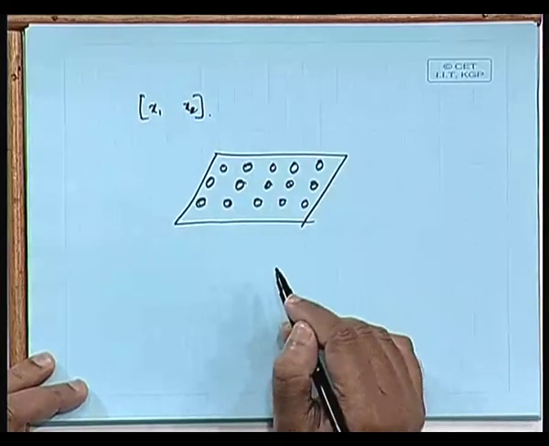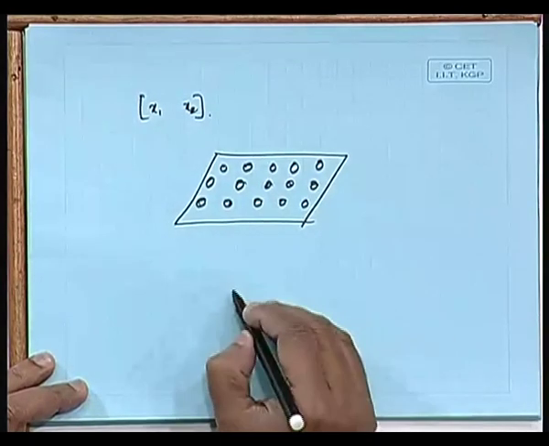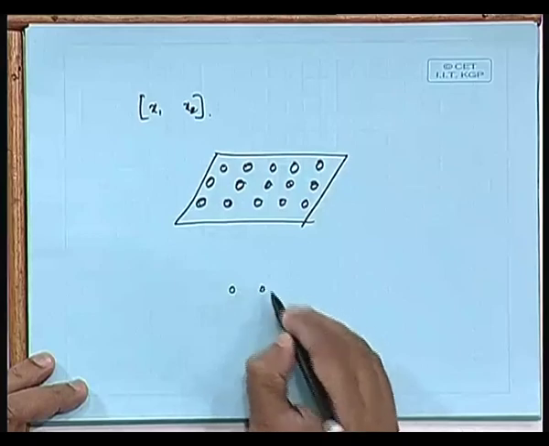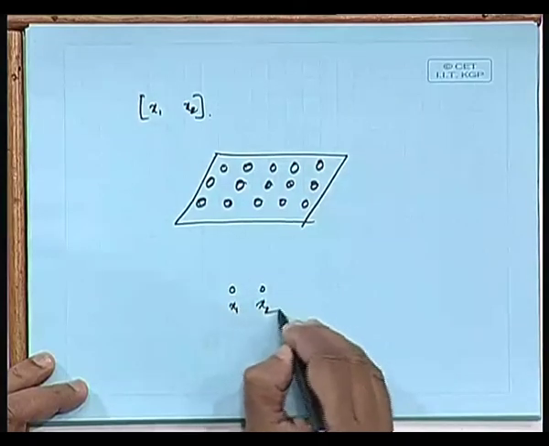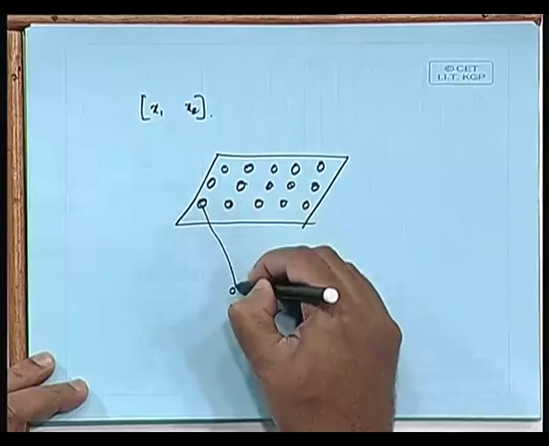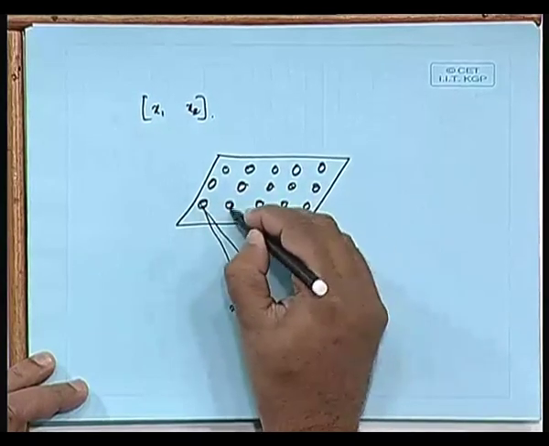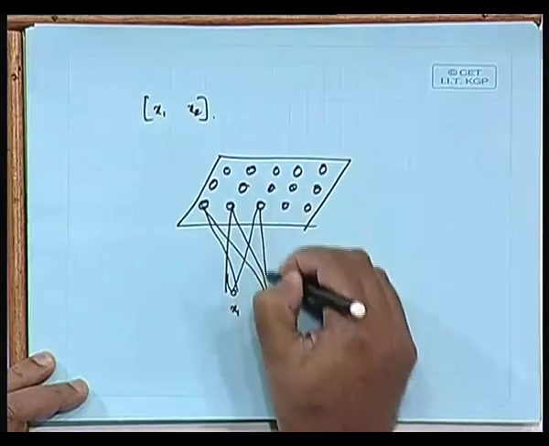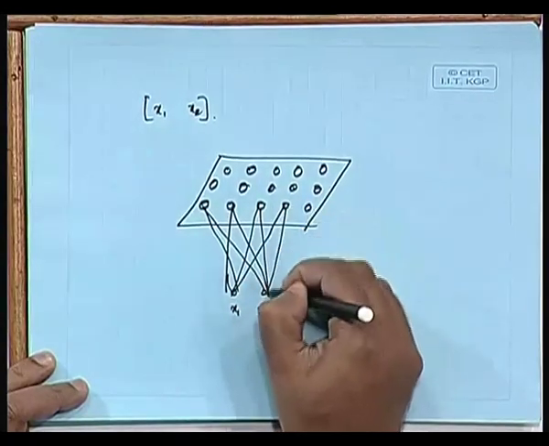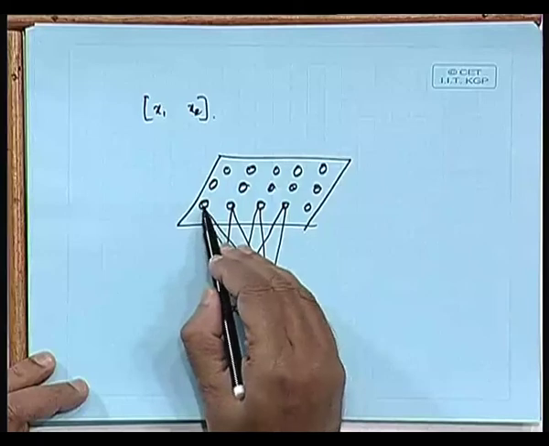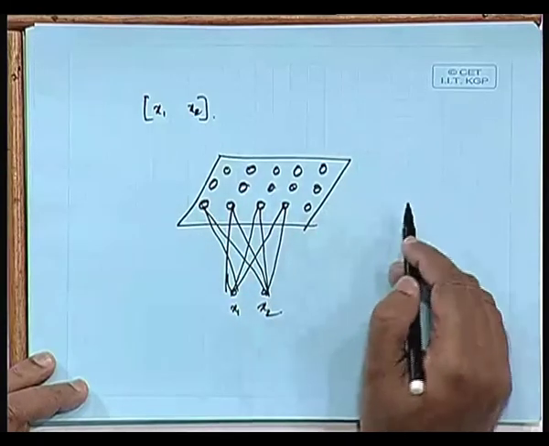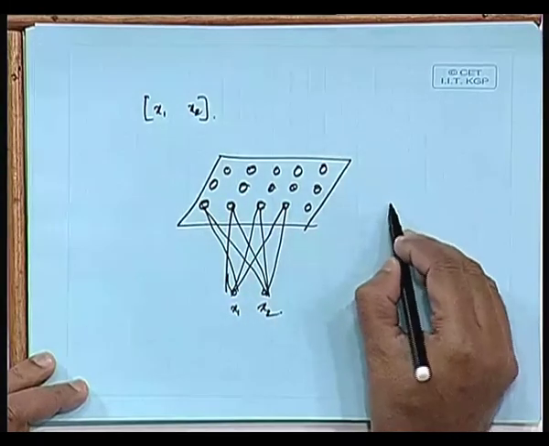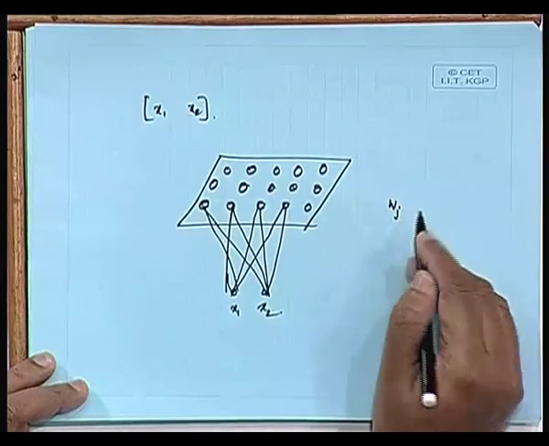We can have a one dimensional lattice also, and let us say that here we have got the two inputs x1 and x2. So, what happens is that this x1 and x2 will be connected to all these neurons at the output, right. With each of these output neurons there will be a two element vector wj. Okay.